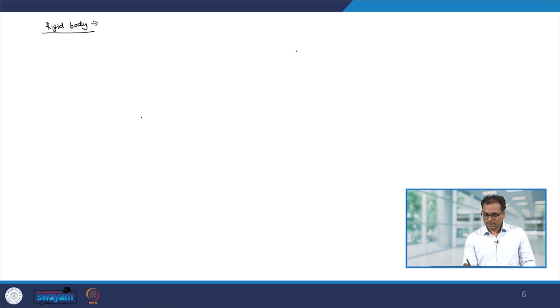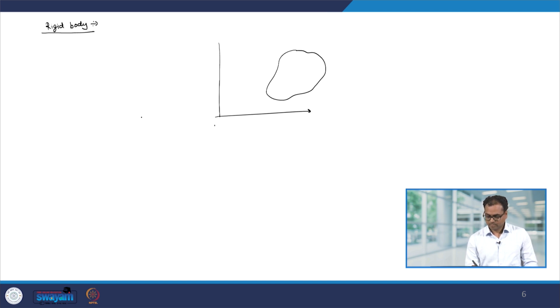Let us say this is a body, and we define a coordinate system, and I take 2 points on the rigid body. Let us say this is the ith point, this is the jth point, and their position vectors are Ri and Rj. Then under the influence of force, the distance between i and j should not change. So, if this is Rij, then this Rij should not change.